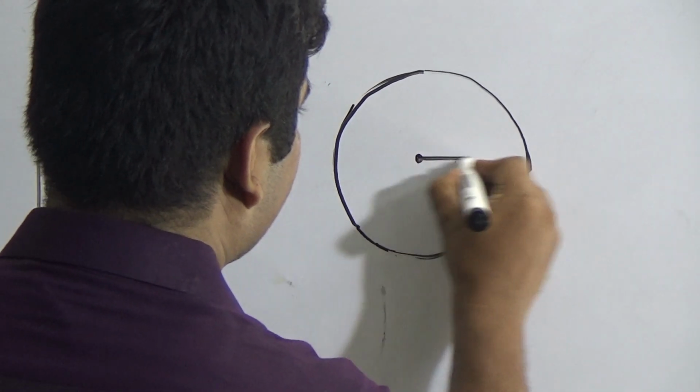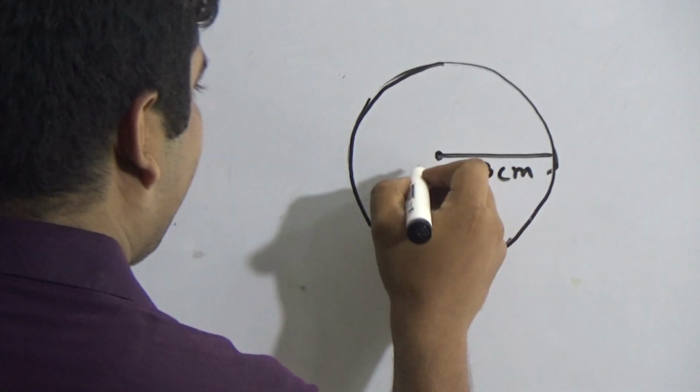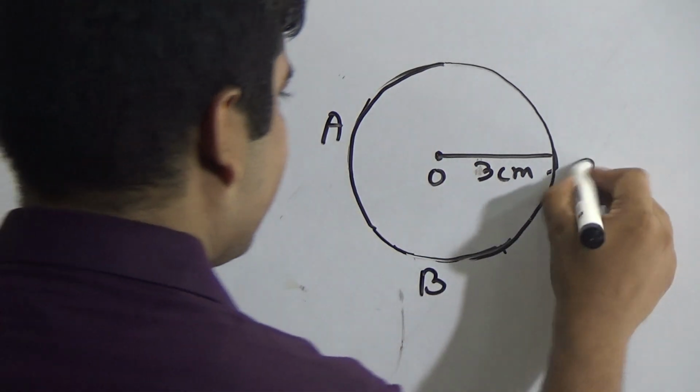Okay, this is 3 centimeter and the name of this circle is ABC.